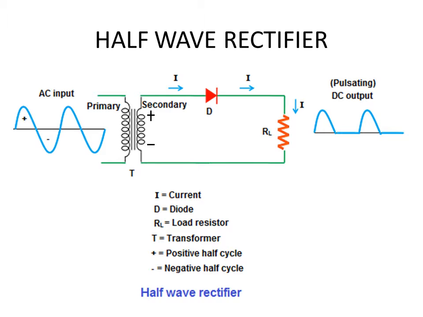So we will see how we can explain the working of this rectifier. Here, for the AC input that I have drawn, we'll consider the top part to be the positive half cycle and the bottom part to be the negative half cycle.